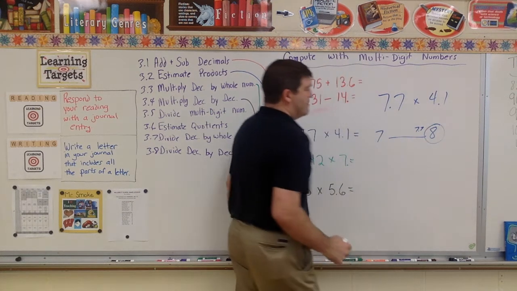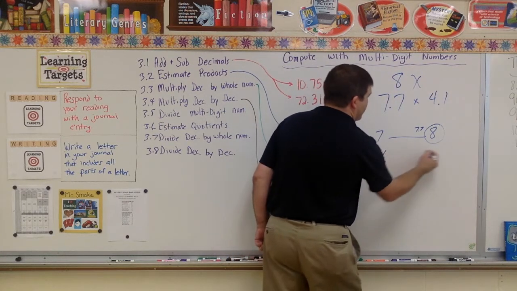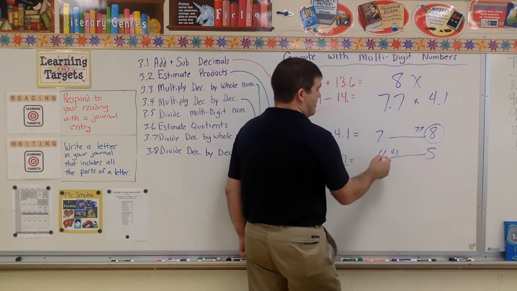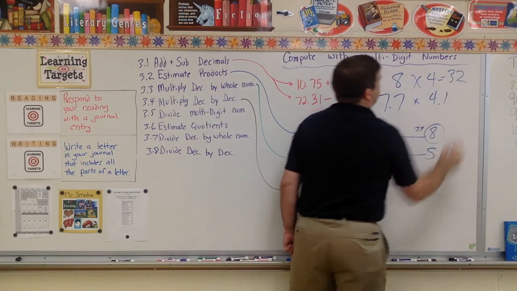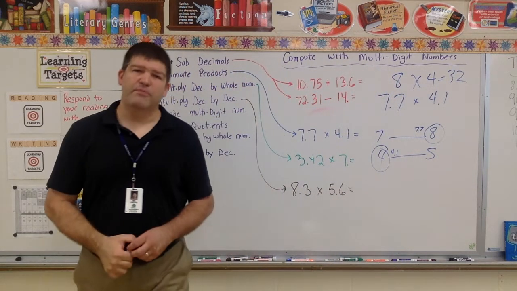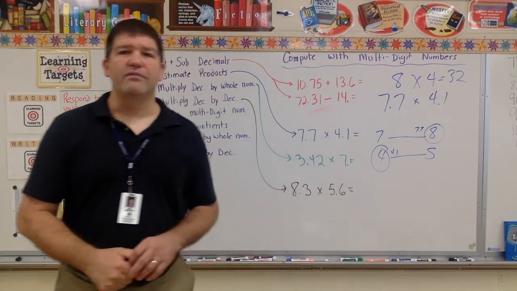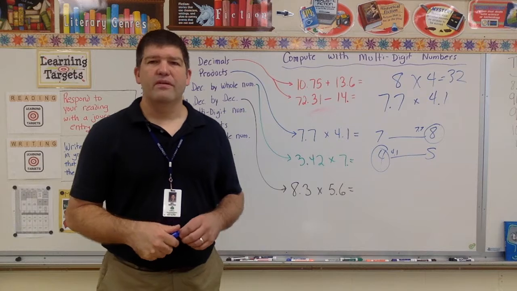So I'm going to say that's the number I want. 8 times, it's either 4 or 5. 4.1 is right there. It's going to be pretty close to 4. So 7.7 times 4.1, it's about 32.